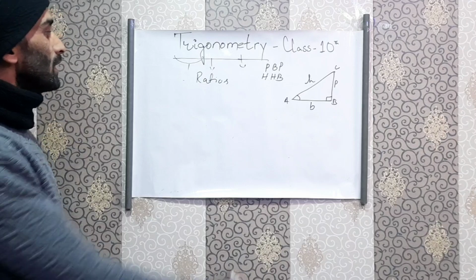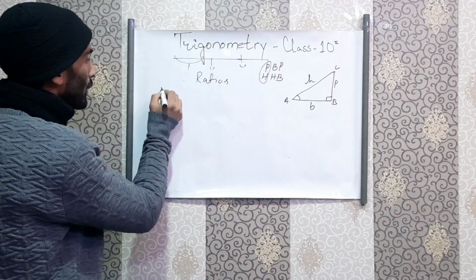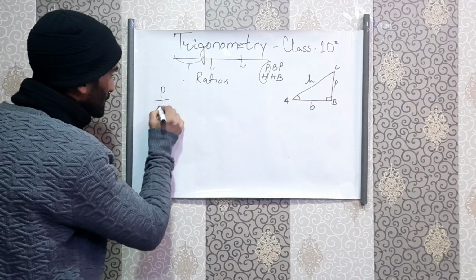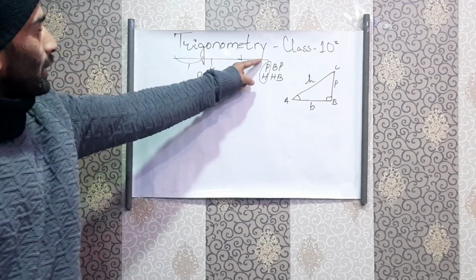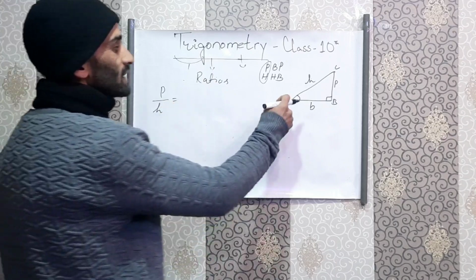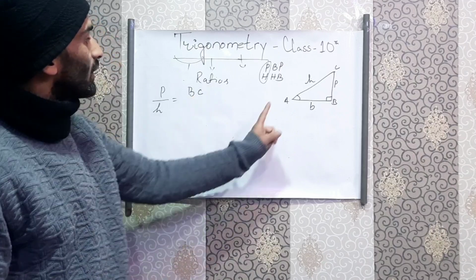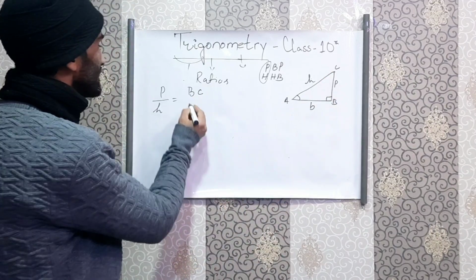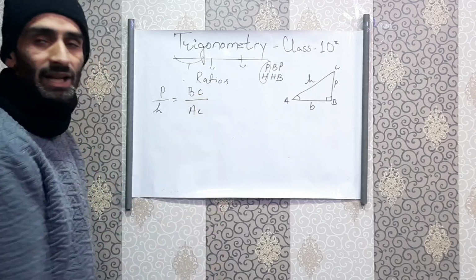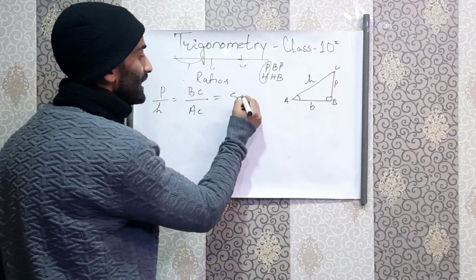Just see dear. First of all, we are going to pick up this one, that is perpendicular by hypotenuse. Here we can see what's our perpendicular, that is BC, and what is our hypotenuse, that is AC. Clear, my dear? So this ratio is known as sine.